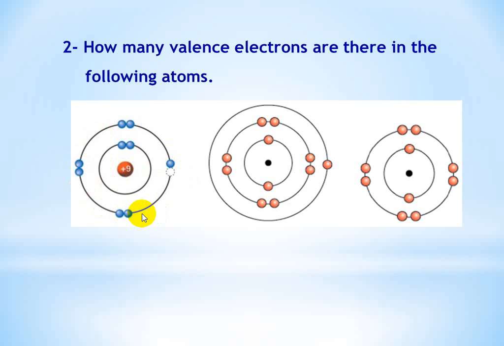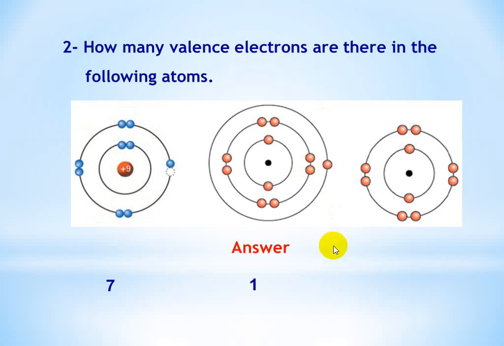Fluorine. How many valence electrons? What's meant by valence electrons? Valence electrons are the electrons in the outermost energy level. So, how many electrons here? 1, 2, 3, 4, 5, 6, 7. So, here there are 7 electrons in the outermost energy level, so we have 7 valence electrons.